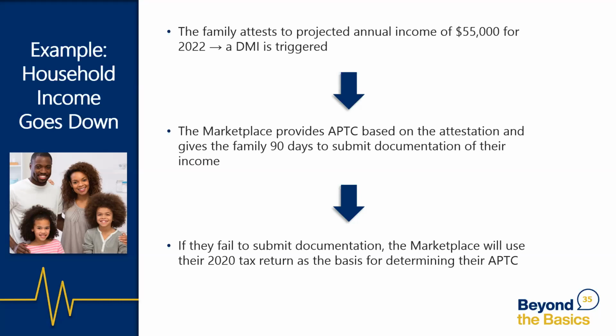If they fail to submit documentation, the marketplace isn't going to automatically cut off their coverage, but it is going to base their APTC on their 2020 tax return data. And so in this case, their APTC would be lower because their income in 2020 was higher. Next slide.